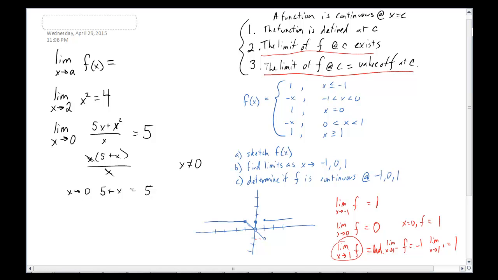All right, the last question then is the first one continuous? Because the limit of f as x approaches -1 equals 1, and at x equals -1, I get a value of 1, because those two are the same, that then means that it's continuous.